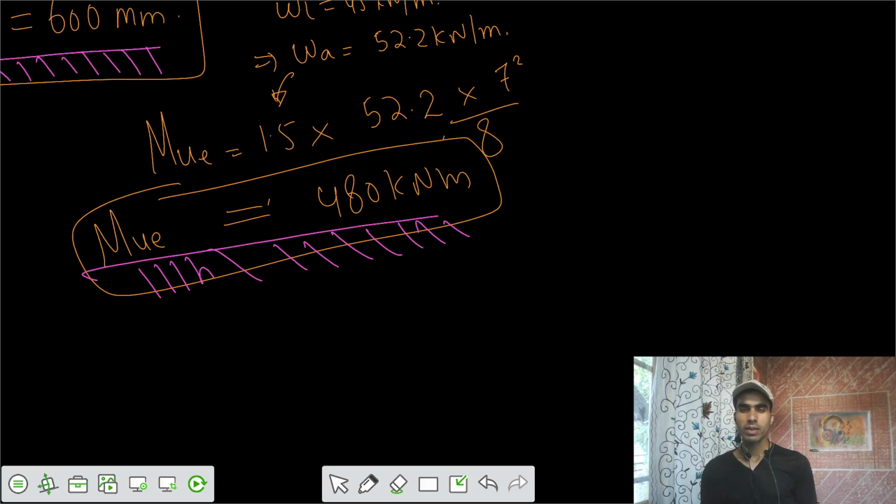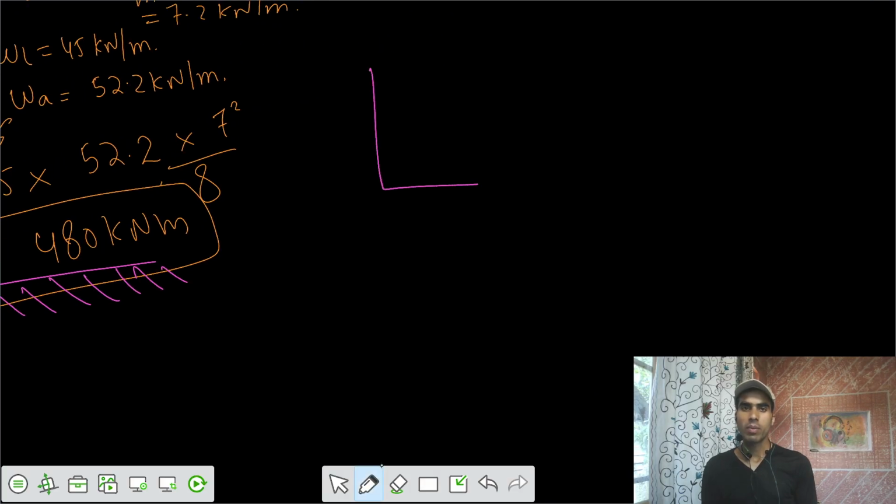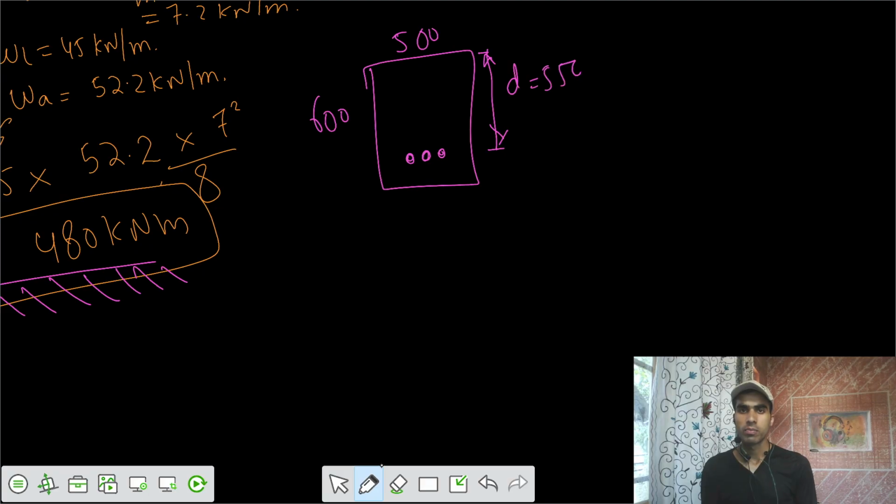Now my dimensions have been set as 500 and 600, and we have some effective depth also. Let's say that small d is 550. Corresponding to this section, there is an applied bending moment of 480 kilonewton meters.